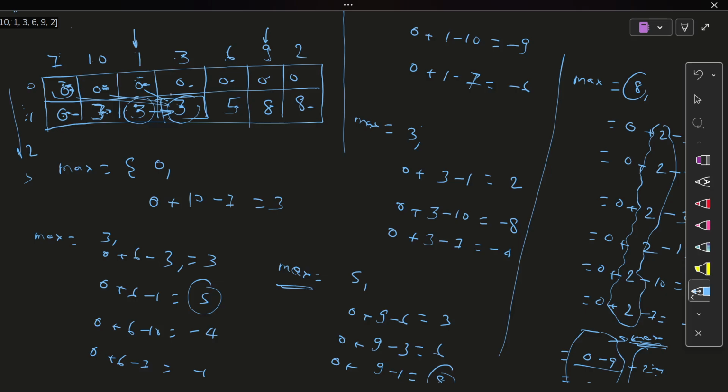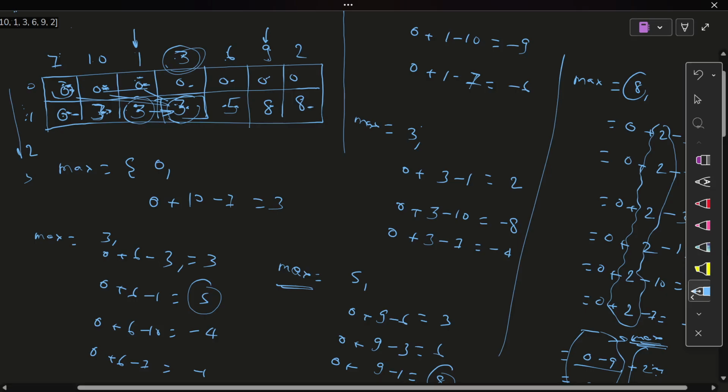Whichever value is maximum, that will be put here. Same thing. That's why we are creating one max, and that will update always. 0 minus 7, the maximum is smaller than, so update the maximum. Here 0 minus 10, update the maximum. So for here we have calculated all three, which one is maximum, plus this amount, we will get it.